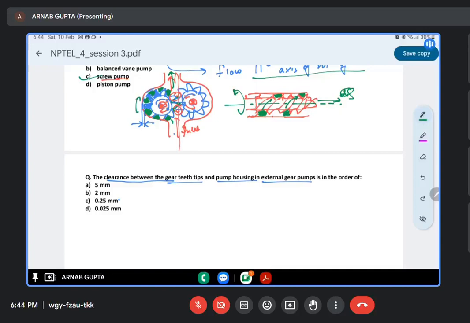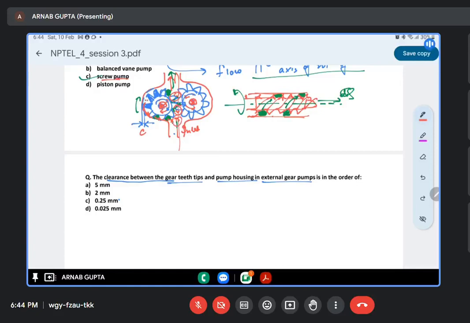The pressure of the liquid at this particular point is less than the pressure of the liquid in these pockets. So if there is a considerable clearance between these, then the pressurized liquid will try to flow back here, because the pressure at this point is higher compared to the pressure at the inlet.